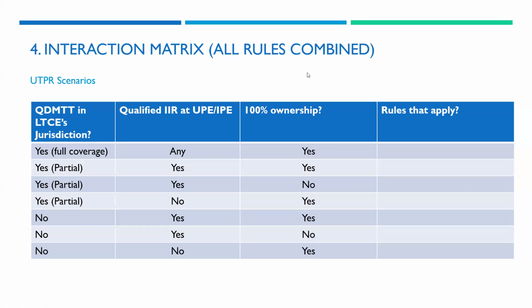How can QDMTT be partial? Now, Sahil, let's say that the charging mechanism in the domestic entity is such that you are not able to collect 100%, 15% ETR. For example, let's say that we have a tax rate of 9%, right? Now, the rules are drafted domestically in such a way that your new tax is 15%.